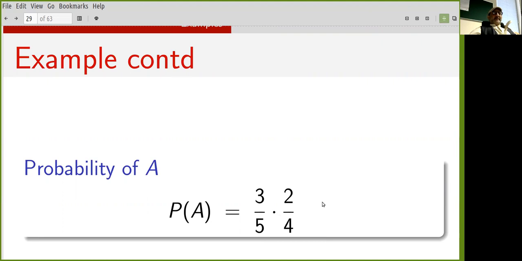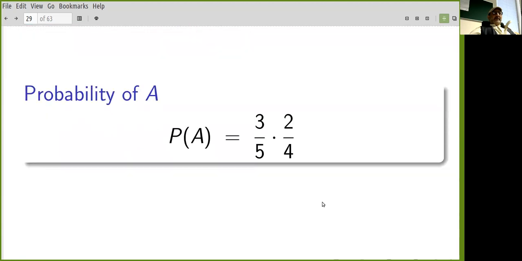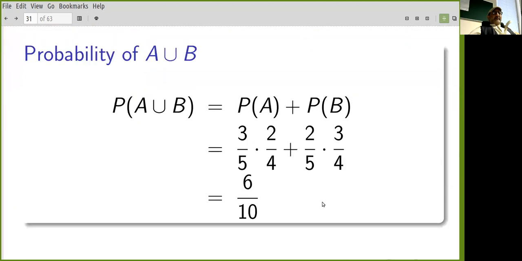And then the next time, you had 4 socks left, and 2 of them were blue, so that's 2 out of 4. 3/5 times 2/4. And I'll let you think about the second one. That's 2/5 times 3/4.